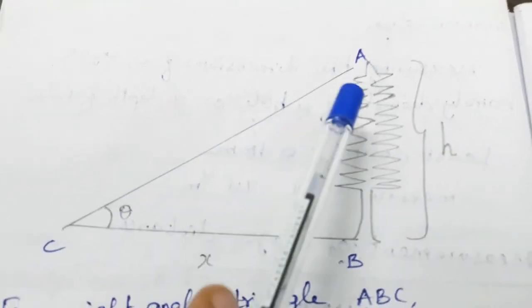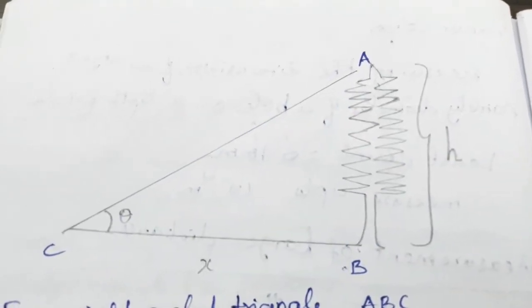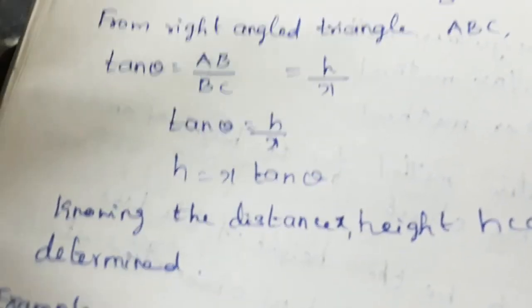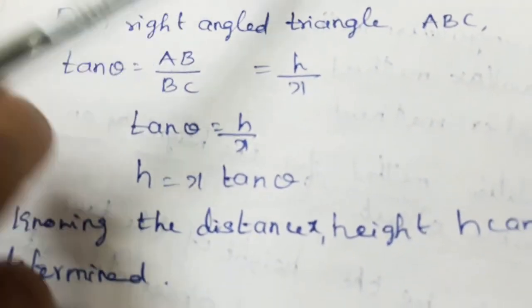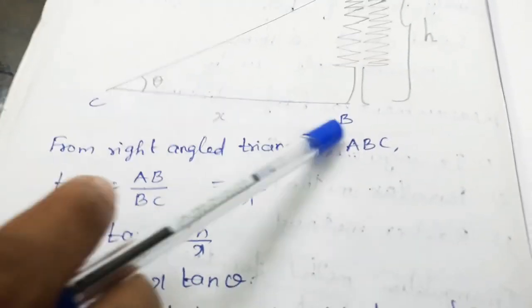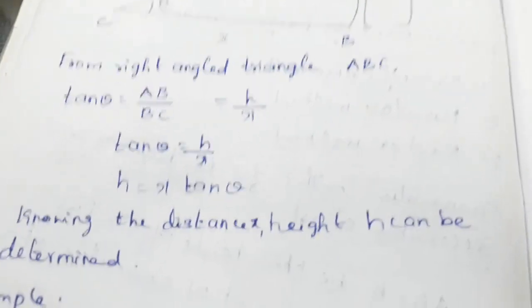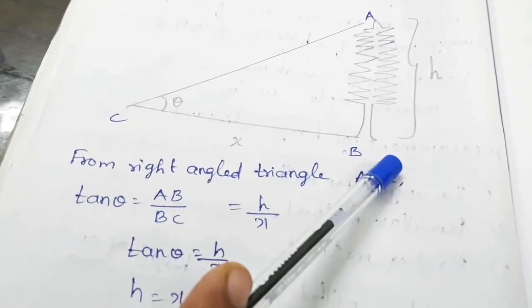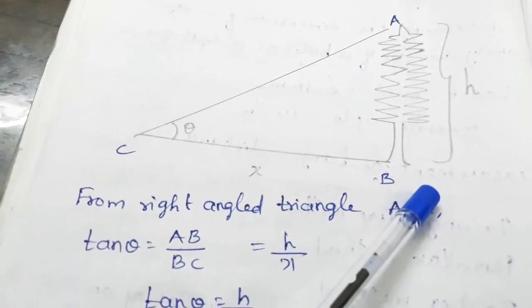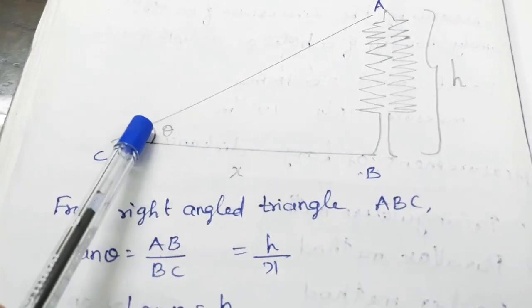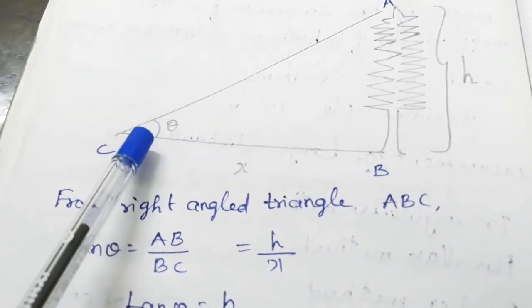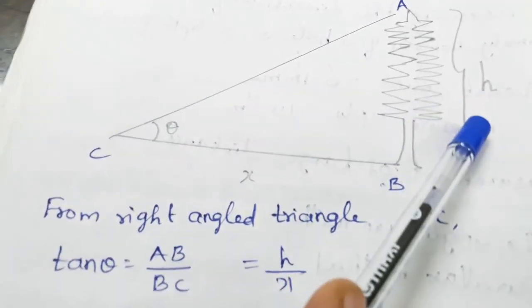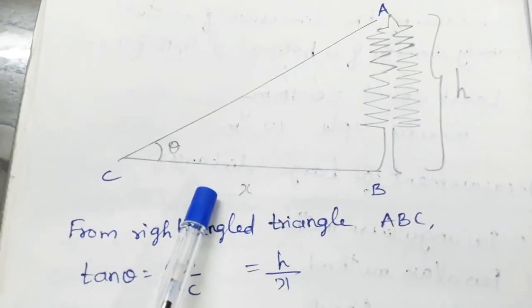In this picture, we can use a mathematical concept. From the right angle triangle ABC, we can write the trigonometric identity: tan theta is equal to opposite side by adjacent side.